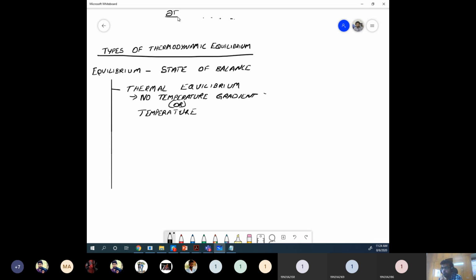Dou T by dou x will be equal to 0, that is, temperature gradient is 0. That is a spatial gradient, so you can ignore that. In simple English, you can write it is the same throughout the system, with space as well as with time.